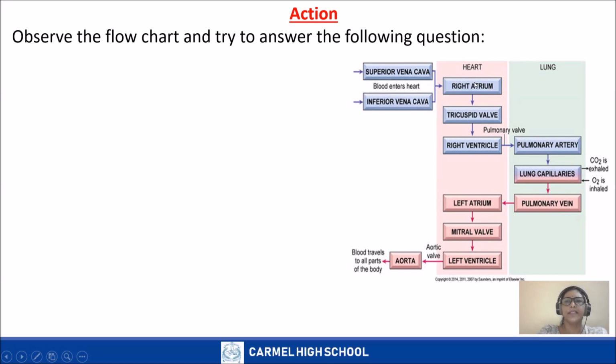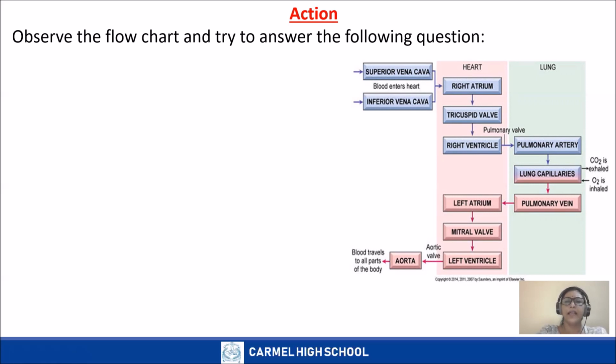Now, by the contraction of the right atrium, the tricuspid valve, which is present between the right atrium and right ventricle, opens, the flap of the valve opens and blood is forced into the right ventricle. So once the blood flows into the right ventricle, there is no reverse flow because the valve controls the flow of blood.